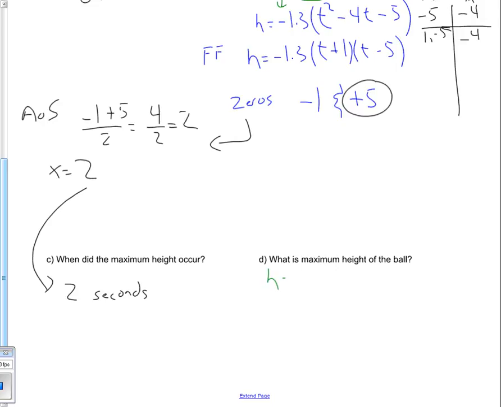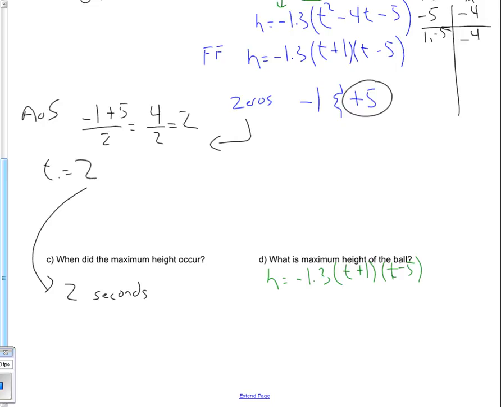So I've got negative 1.3 times t plus 1 times t minus 5. What I'm going to do is substitute in our x value, or our t value. In fact, I should change this to t just to make it less confusing for us. So this is time in 2 seconds.